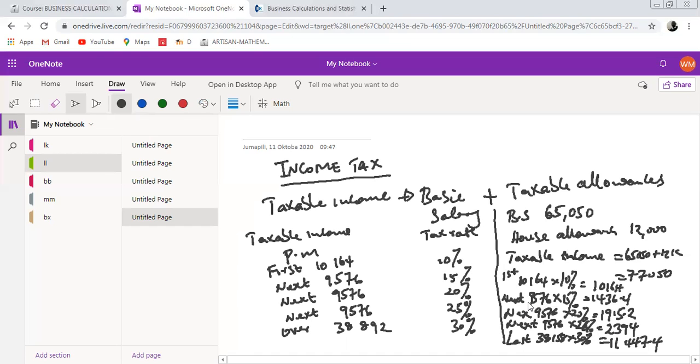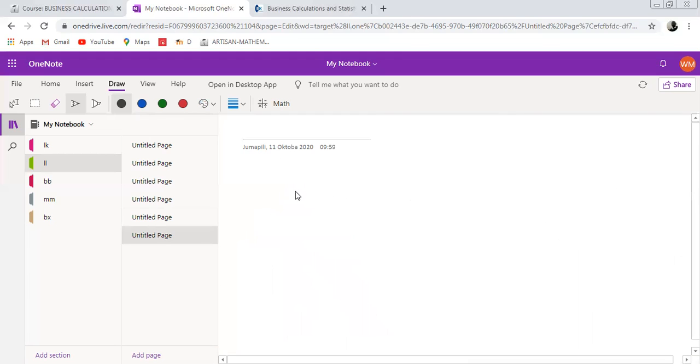So the total amount of tax that we are supposed to pay, which we normally call the gross tax, is 18,209.4.